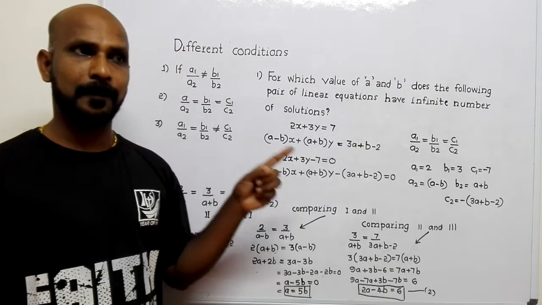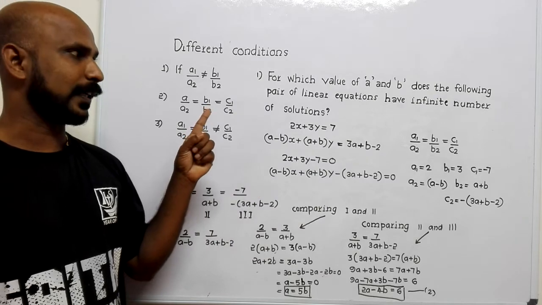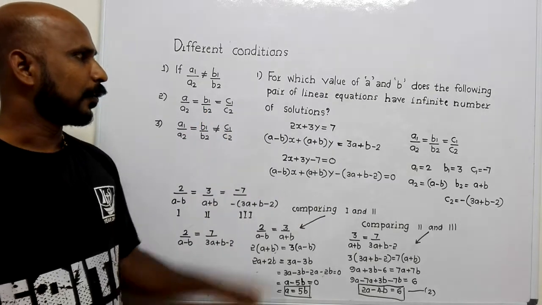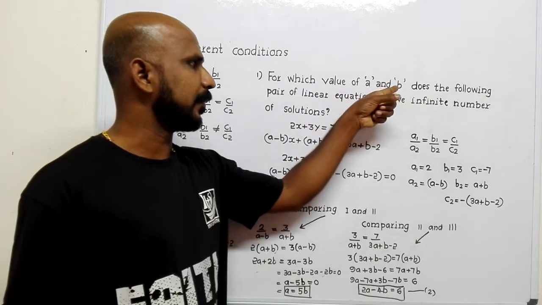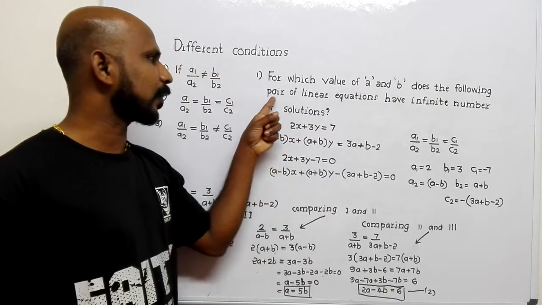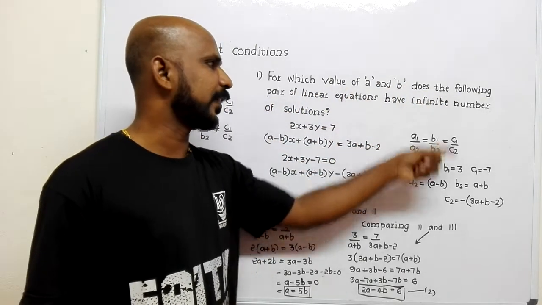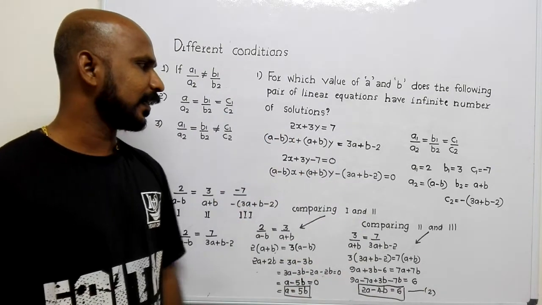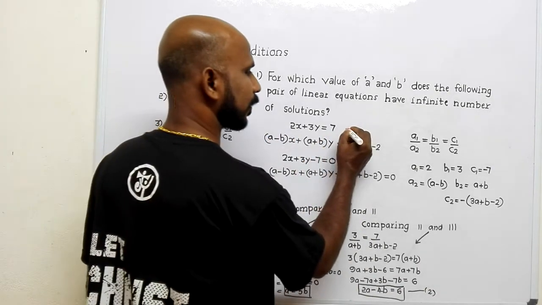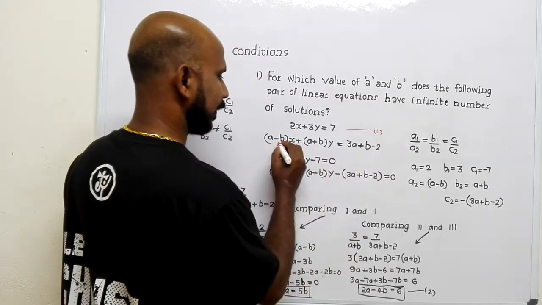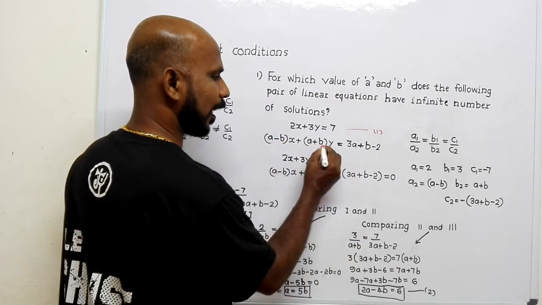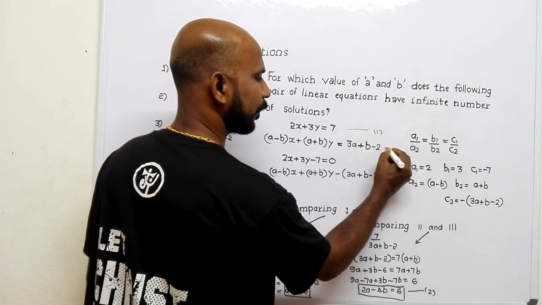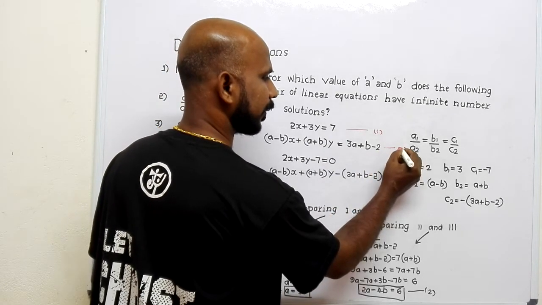From an exam point of view, we have to see a question under this. For which values of a and b does the following pair of linear equations have an infinite number of solutions? There are two linear equations given: 2x plus 3y equal to 7, and (a minus b)x plus (a plus b)y equal to 3a plus b minus 2.